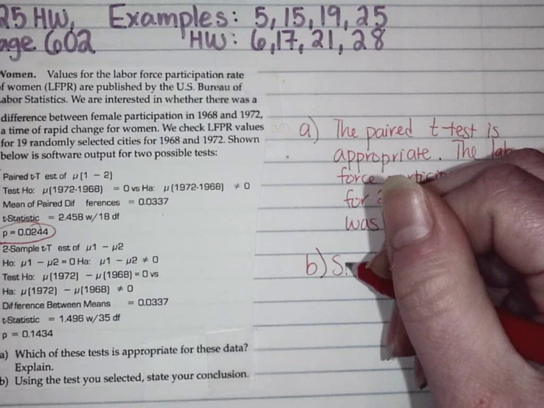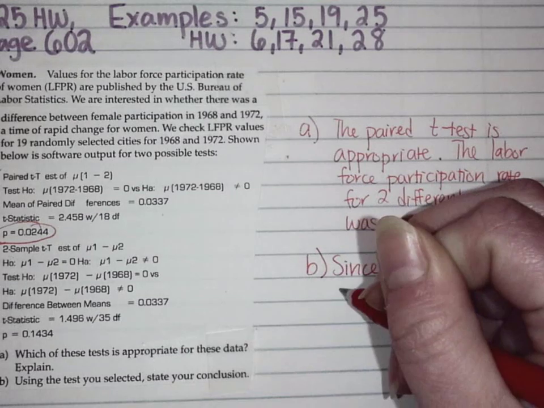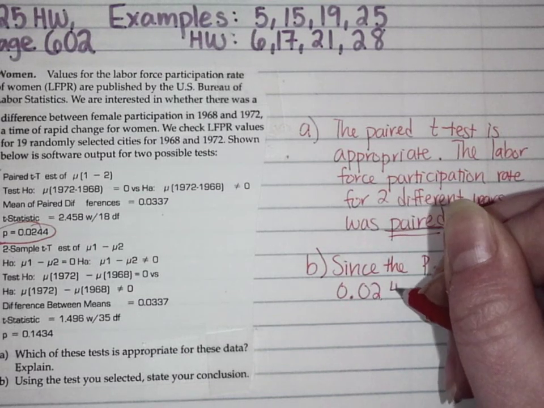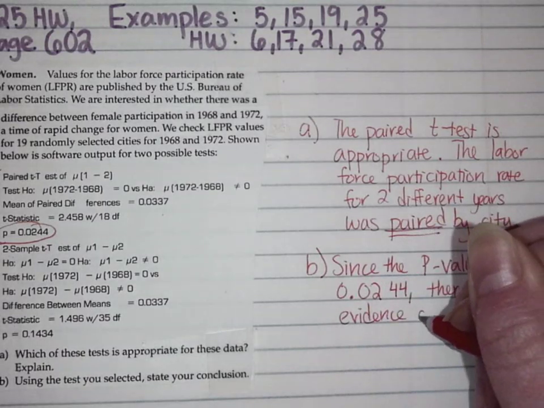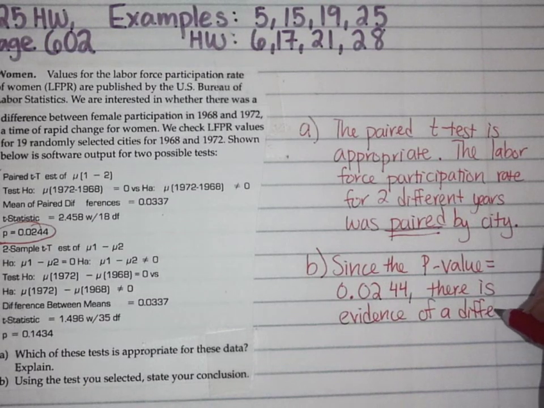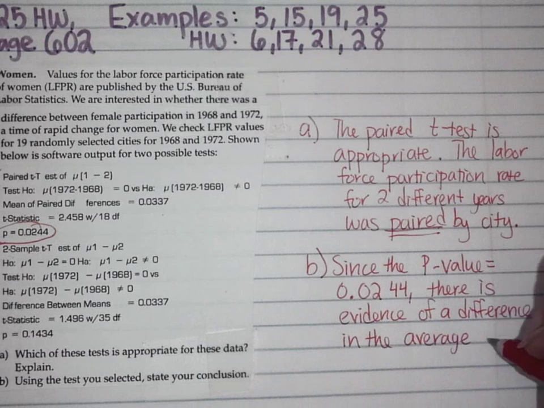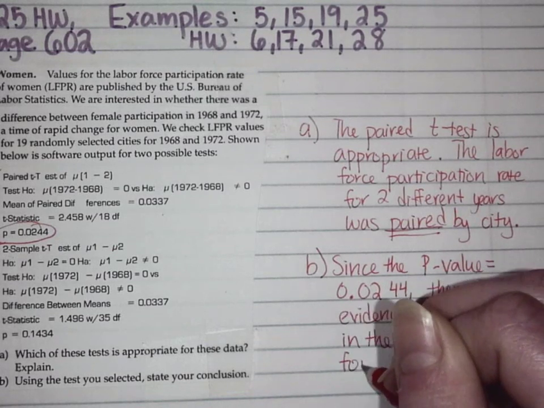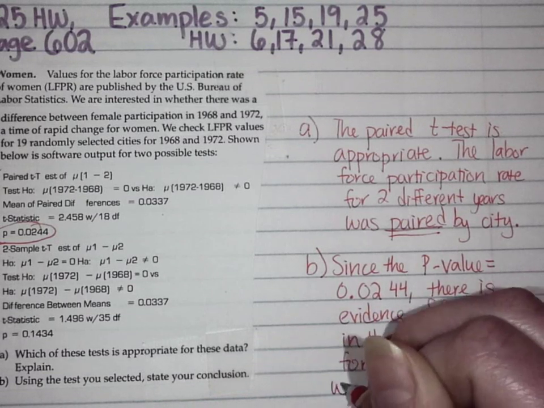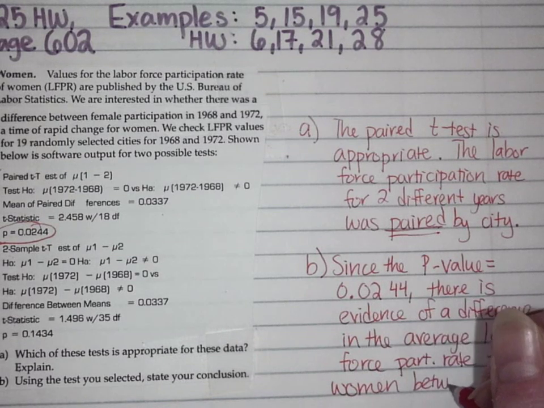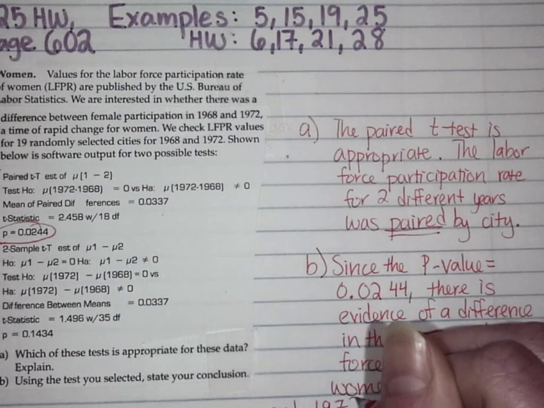So we can say, since the p-value equals 0.0244, there is evidence of a difference in the average labor force participation rate for women between 1968 and 1972.